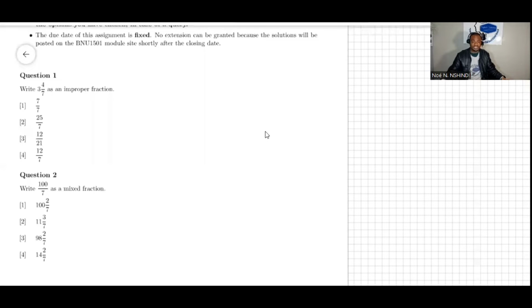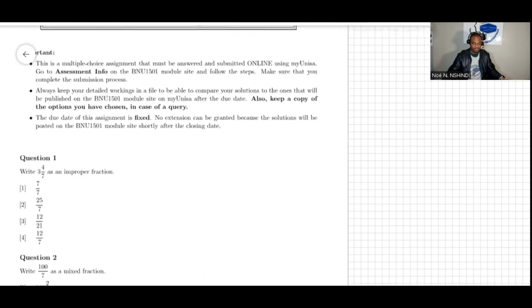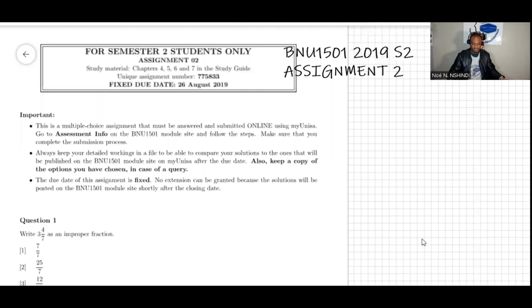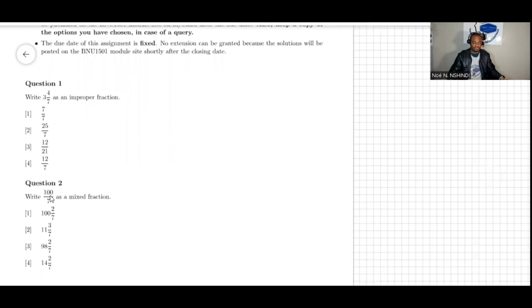An improper fraction is when the numerator is bigger than the denominator, something like 100/7 in question 2. Here, 100/7 is an improper fraction because the numerator is greater than the denominator.